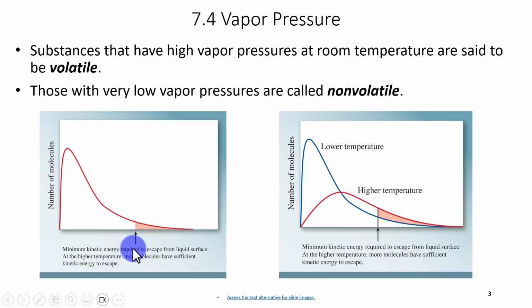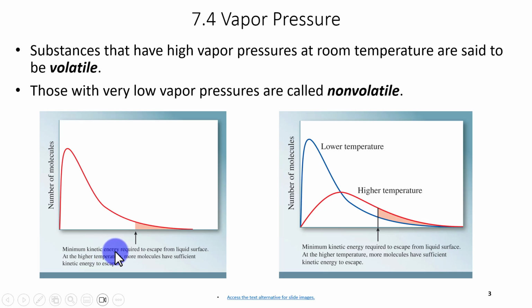To be able to escape from the liquid or the solid, but since we're focusing on the liquid phase here, from the liquid into the gaseous phase, the molecule or the particle has to have what we call kinetic energy, a minimum kinetic energy, right?